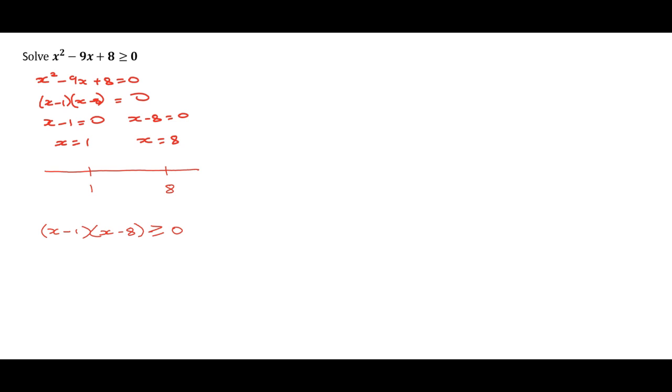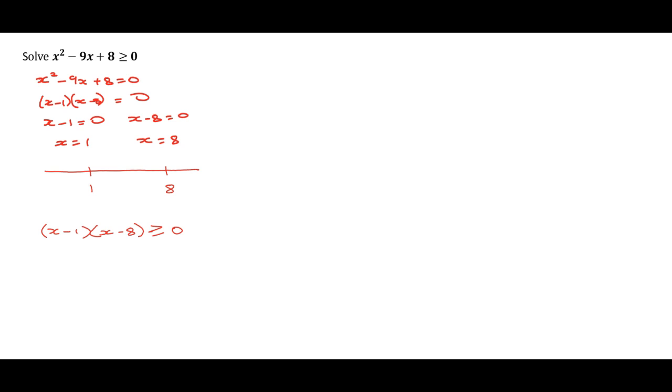So we're going to use a value from each of the regions. This region right here shows that x is less than 1. This is 1. x is between 1 and 8, and then this region here is x is greater than 8.